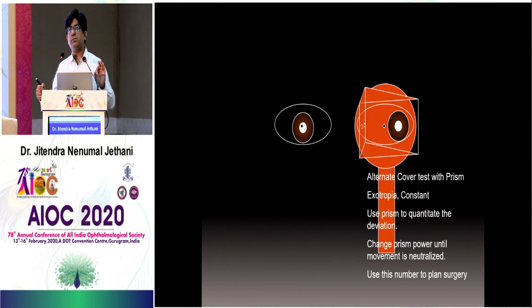Point of neutralization means there is no movement of redressal, which means the exo deviating eye, which is coming from out to in, will stop coming from out to in, and then if you put a higher prism, the eye will start coming from in to out. That is the angle of reversal. You have to measure both the angles, because the difference between the two angles is the amount of fusion which the patient has.